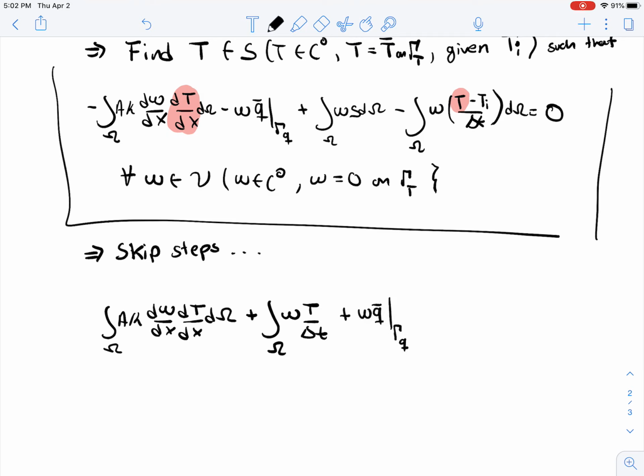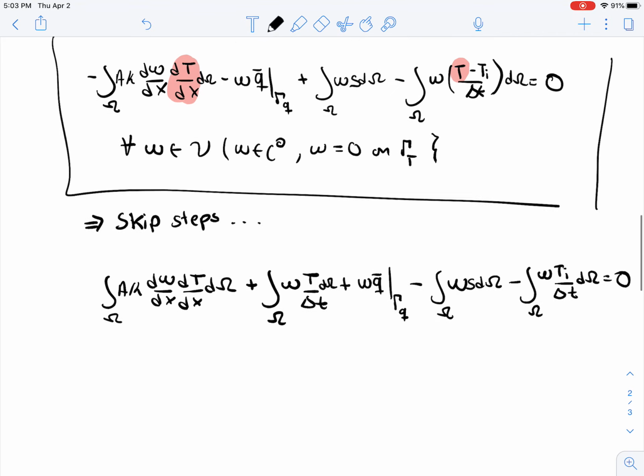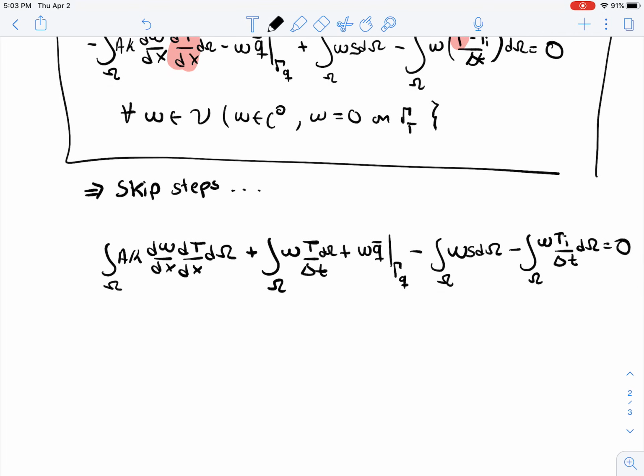So I'm going to have plus W Q bar on gamma Q. I'm going to have minus the integral of omega W S d omega. And then I'm going to have this last term, so that will be minus the integral of omega W Ti over delta T d omega equals 0. It's the same thing, I just rearranged it a little bit.